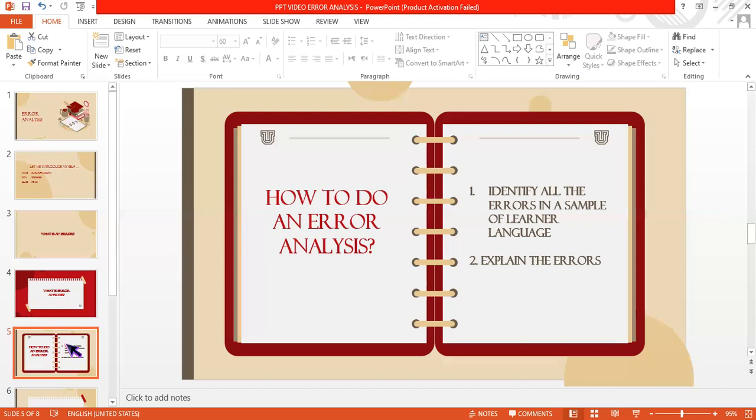Finally, determine how systematic the error is. Does it occur several times? Or is it just a performance slip, a mistake? Even native speakers of a language make one-off mistakes when they're tired or distracted.